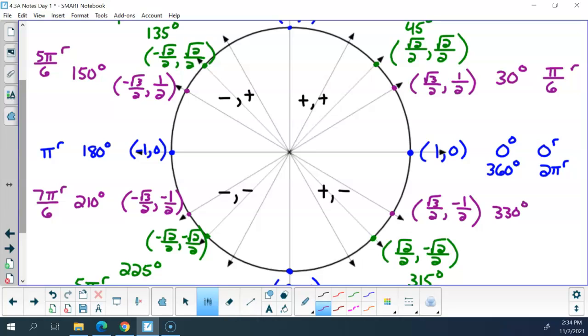And I'm pi over 6 short of a full circle. 11 pi over 6. Because 2 pi would be 12 pi over 6. Short one makes me 11 pi over 6.